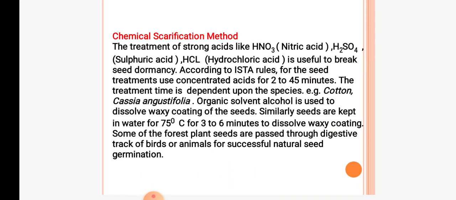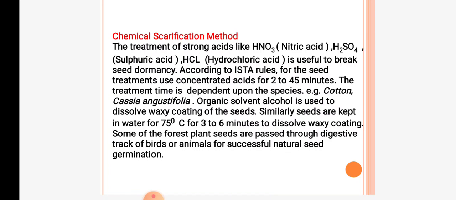The next method is the chemical scarification method. Treatment with strong acids like nitric acid, sulfuric acid and hydrochloric acid is useful to break seed dormancy. According to ISTA rules, for seed treatments, use concentrated acid for 2 to 45 minutes.